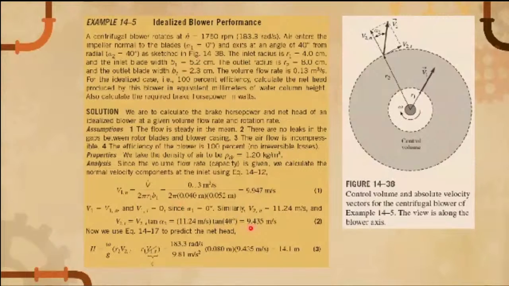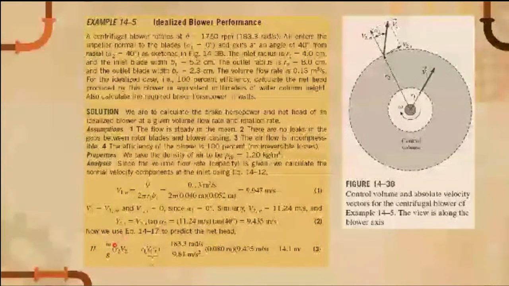Okay, now you will be able to calculate the head. So these are the equations that we have seen just now also, the head. So you have the omega, and then this is equal to 0, because the tangential is equal to 0 at the 0 degree. So you will be able to find out the head is 14.1 meter.